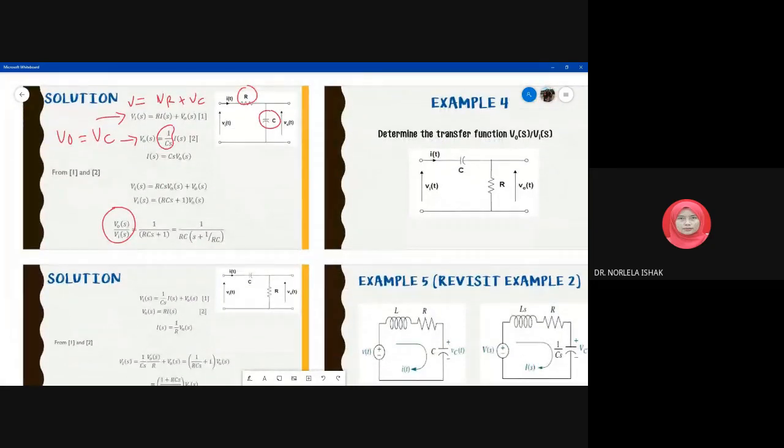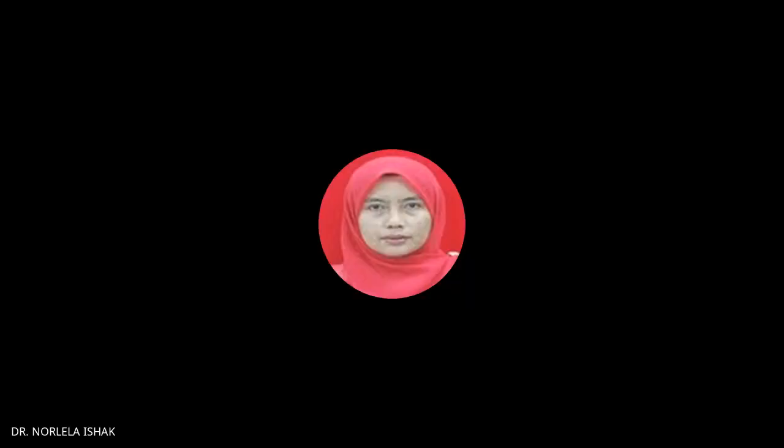Come back here. So V naught equals the capacitor voltage. But what's V naught? What's the capacitor voltage? The capacitor voltage is this one.